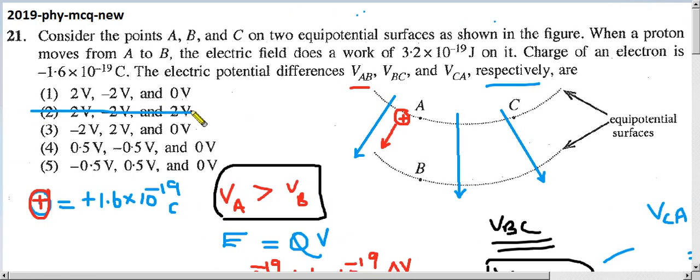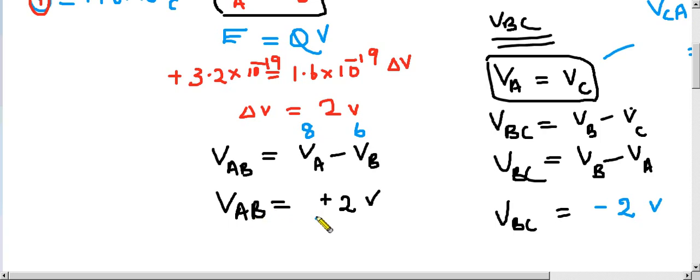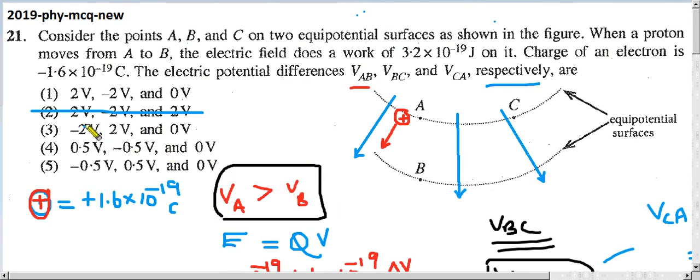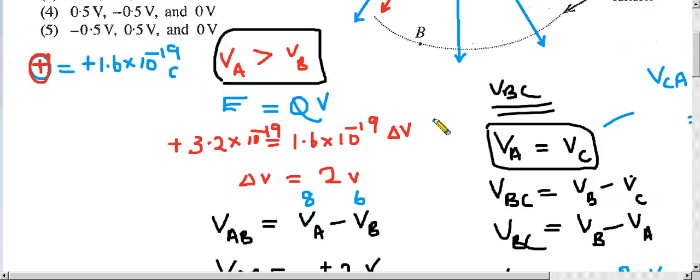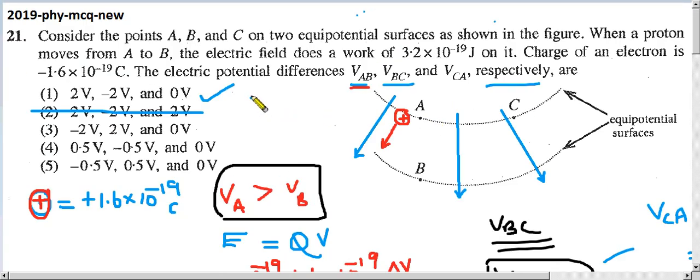So therefore this one is wrong. This 0 is correct in the others. The second one must be wrong. Then VAB is positive 2, and only positive 2 is given here. In the other answers the magnitude is different. So definitely this one is the correct one: VAB positive 2 volt, VBC negative 2 volt, and 0 for the final one. So the answer is the first one.